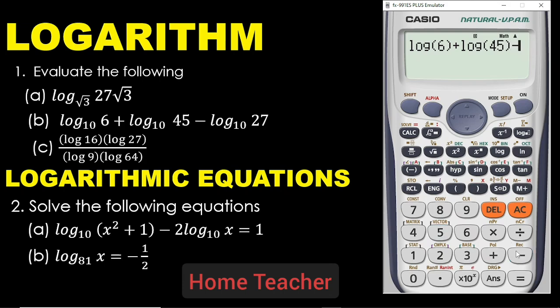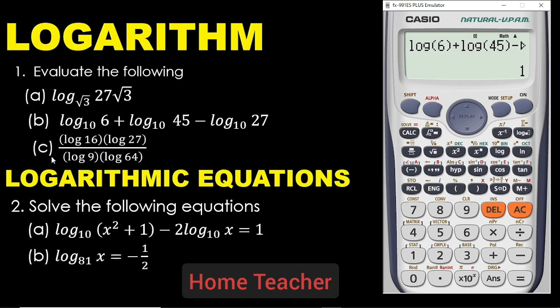And then minus log 27, so log 2, 7, the bracket should be closed. Then you hit the equal sign, bam, you are getting 1. So that is so easy. Please note, I use this because the question I am dealing with is not a logarithmic equation, meaning there is no equal sign in it. So it is easy to use this log once the base is 10.